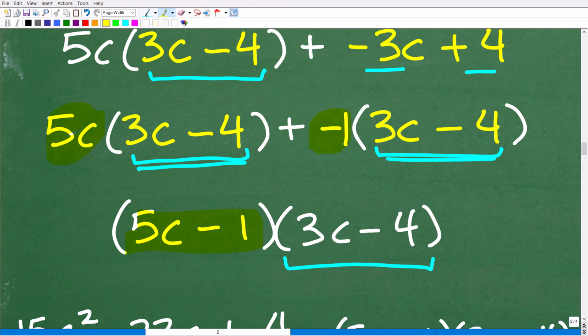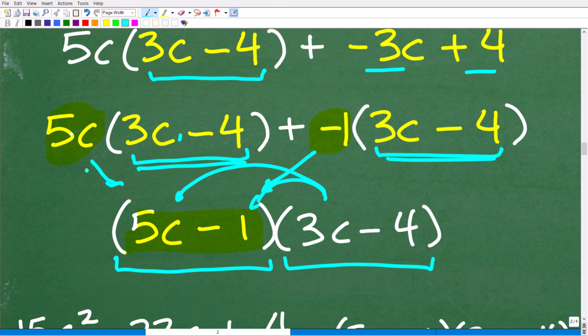That's what goes in this other binomial. So we have 5c minus 1 times 3c minus 4. In other words, I take the distributive property and factor this out, and I'm left with this. Because 3c minus 4 multiplied by this and 3c minus 4 times that would be this right here.